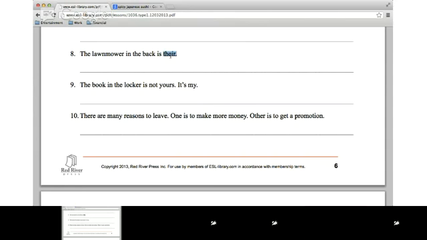Now, there is a pronoun. Pronouns do not have nouns that follow after them, and sometimes they follow a form of the verb to be. So when we have pronouns, what do we need at the end of that word?